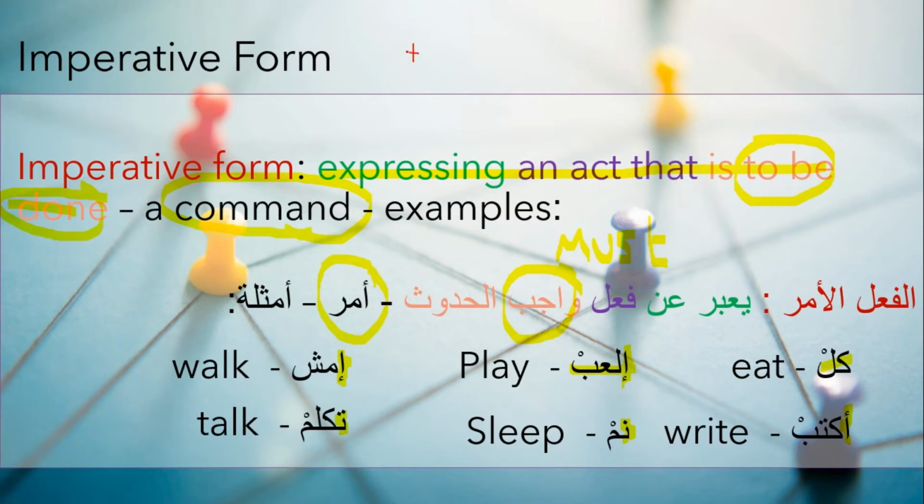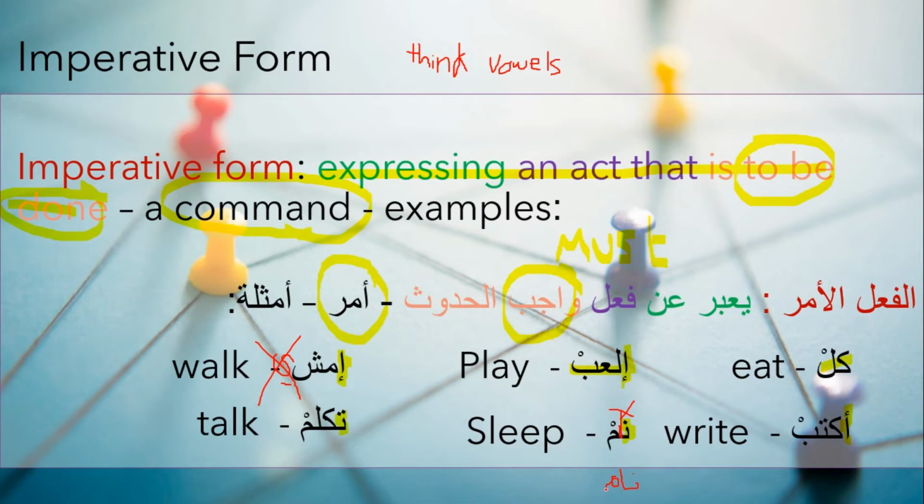اكتب, write. نم, it should be نام, sleep. We removed the alif here because the imperative form deletes everything that is a vowel. You have to think about the vowels whenever you are talking about the imperative form. But this is really funny, because the first letter we should add to express the imperative form is alif: أكل, اكتب, إلعب.